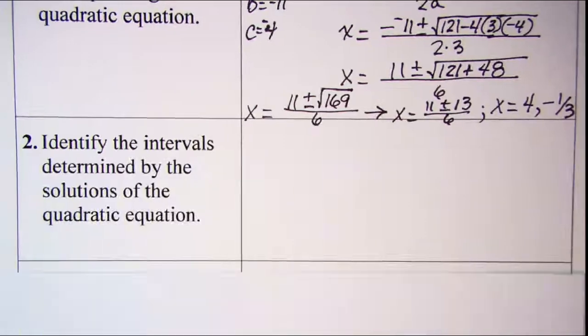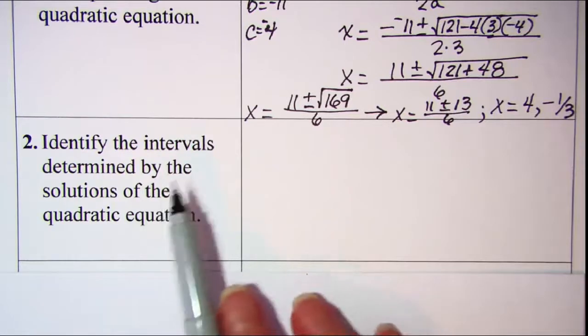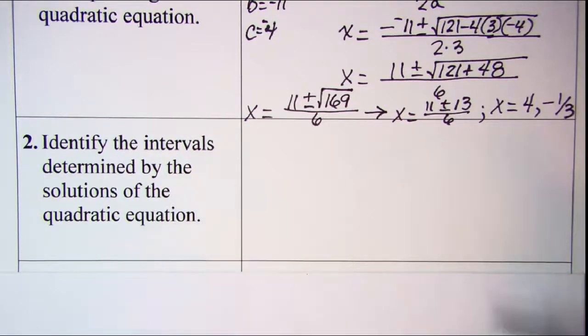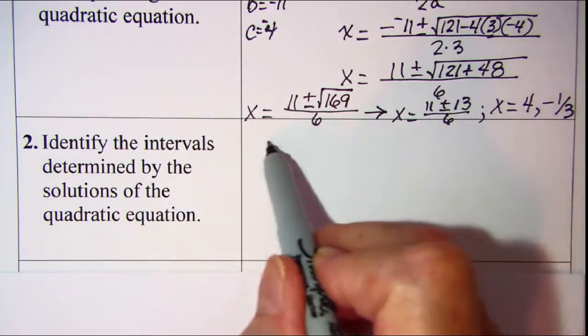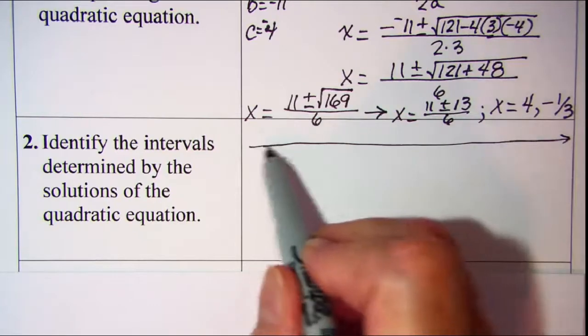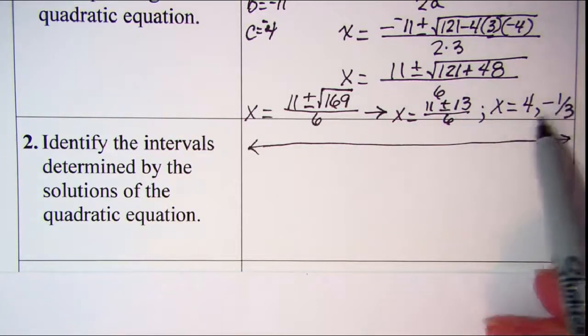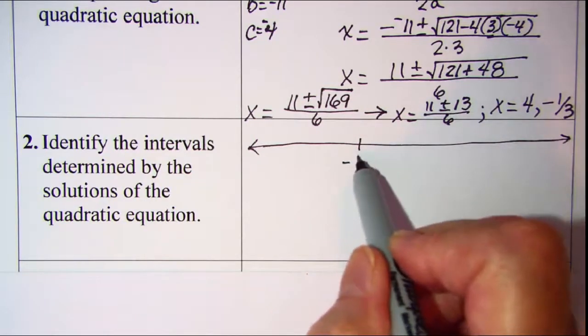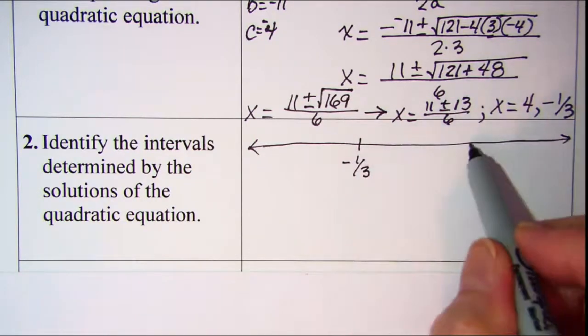My next step is to identify the intervals determined by the solutions of the quadratic equation. So let me draw a number line so we can see our intervals. Our numbers are 4 and negative 1/3, so I'll put negative 1/3 here and 4 here.